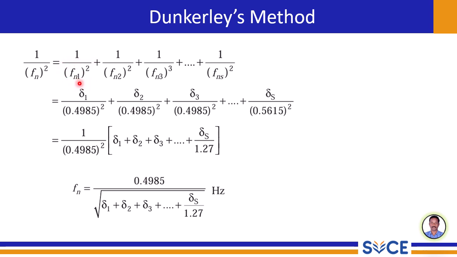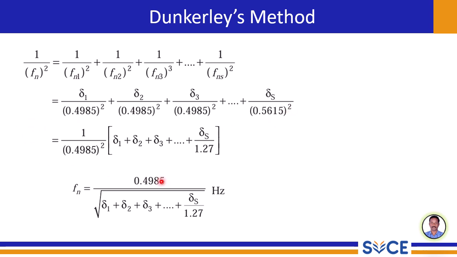So substitute for each point load in this equation, and also the static deflection or weight of the shaft. Simplifying this, we commonly take 1 by 0.4985, then it is equivalent to del 1 plus del 2 plus del 3 plus del s divided by 1.27. If you multiply this with 0.4985 square into 1.27, we will get the value equivalent to 0.5615 squared.